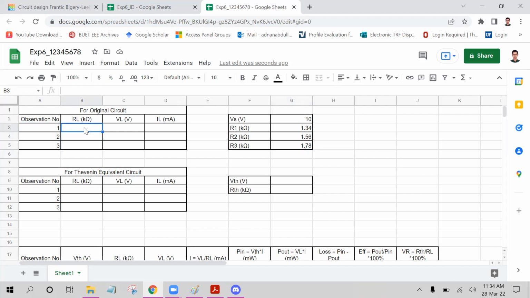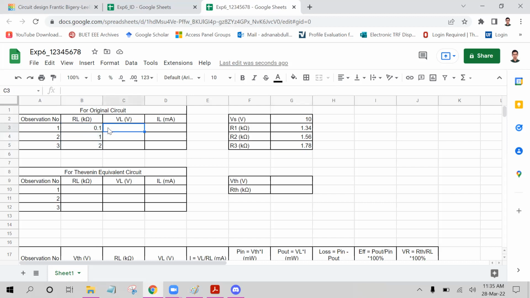Say the first RL will be 100 ohm, or as we are writing it in kilo ohm, it will be 0.1. For the second observation, we will use 1 kilo ohm, and for the third one, we can use say 2 kilo ohm. Okay. Anyone can use any value, whatever you want. I have just given an example: 100 ohm, 1 kilo ohm, and 2 kilo ohm.